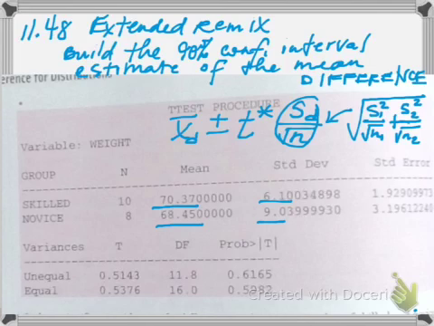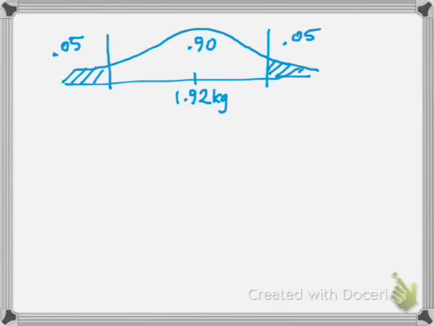The fancy formula has been conducted for us, but it's hard to go to the table and look up 11.8. So I suppose if we wanted to, we could use the precise approximation and look up 11 degrees of freedom. But I'm going to use the conservative method, which is to take the smaller of the two sample sizes, n minus 1, which will give us our degrees of freedom.